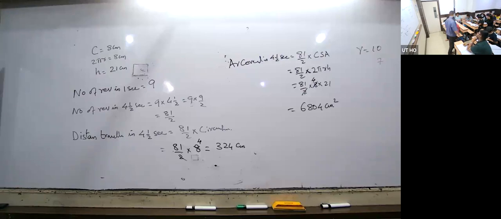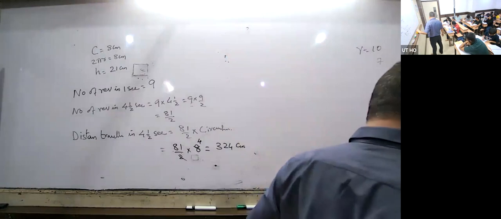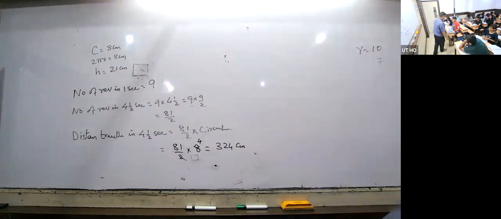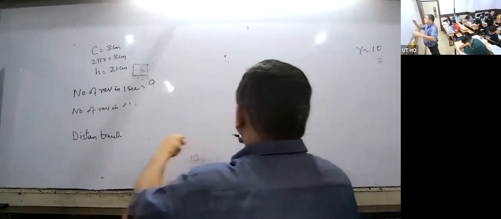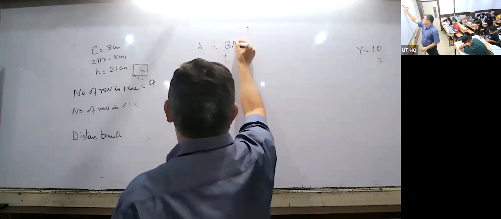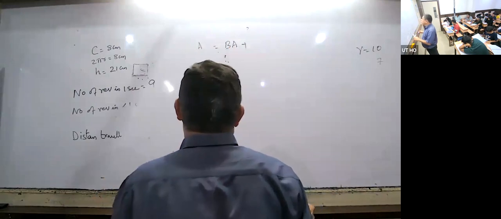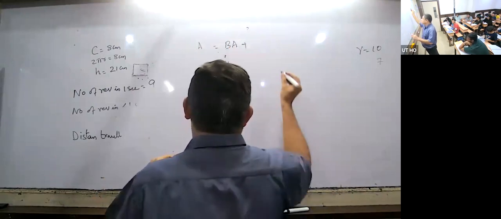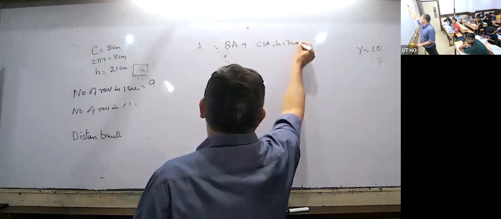Yes, sir. So r is equal to 10 centimeters. Area of the wetted surface is equal to base area plus CSA with h equal to 7 centimeters.